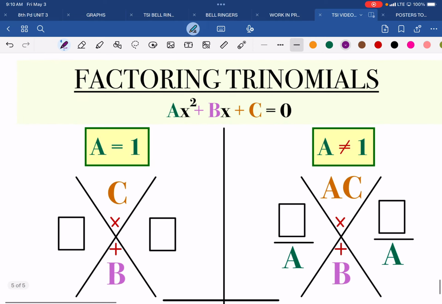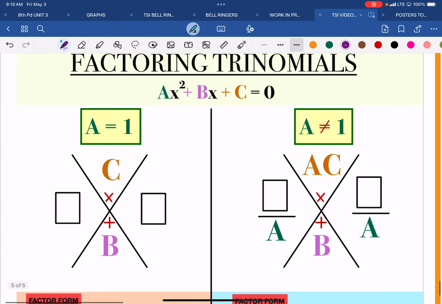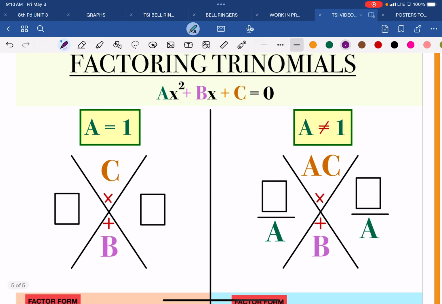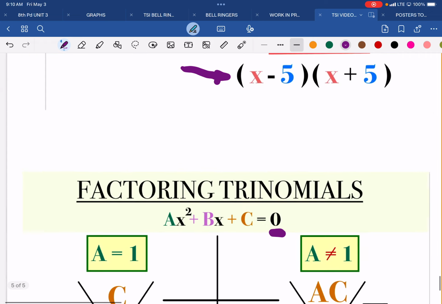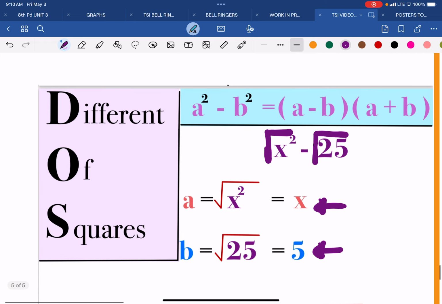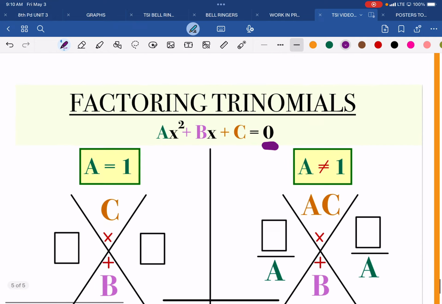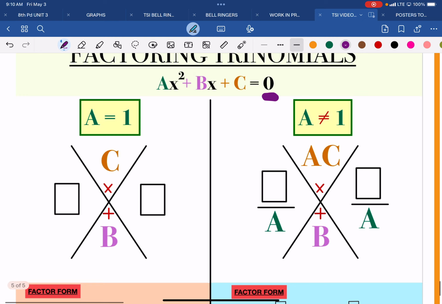And factoring trinomials, remember? I forgot to mention since the beginning: when we want to factor, everything has to be equal to what? 0. So even these had to be equal to 0. Keep that in mind. We have an equation, right?